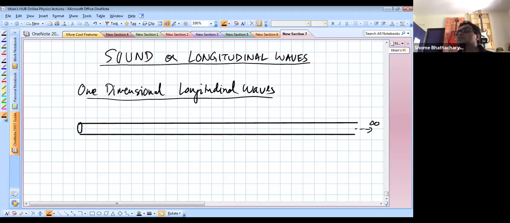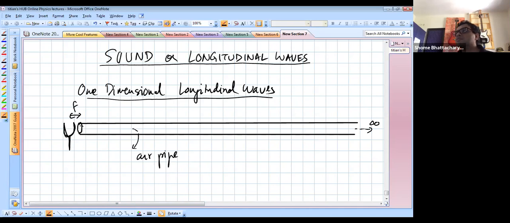So here, if you have a wind pipe or an air pipe, narrow one, and we have some kind of a source which is creating vibration like this. You could even think of the source like a diaphragm going back and forth, but here I will take the source like a tuning fork, whose prongs are vibrating back and forth like this at a fixed frequency and amplitude.